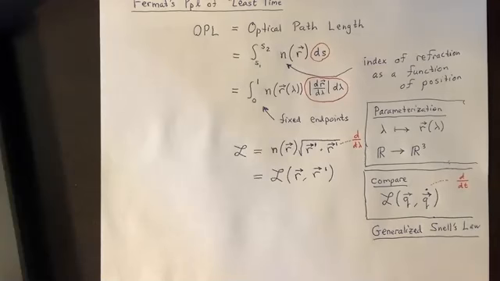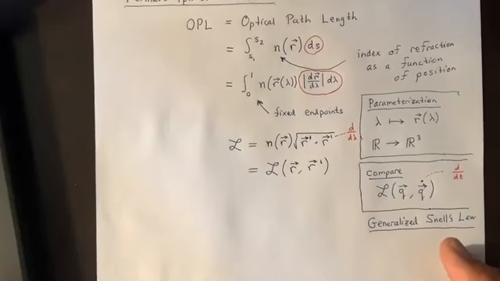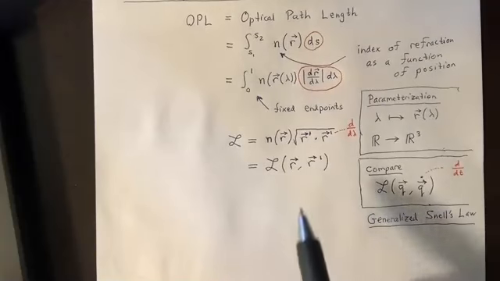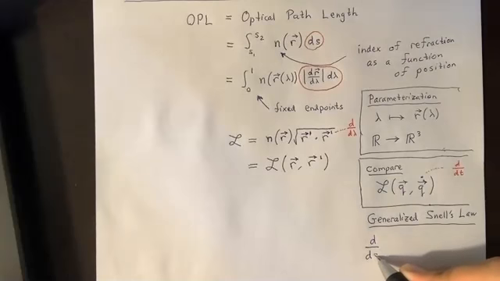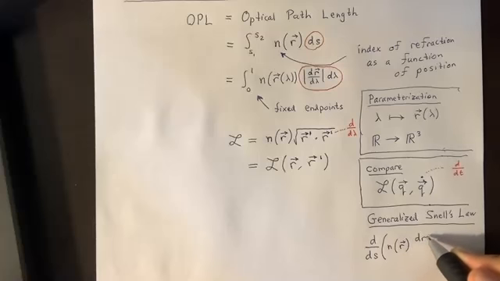We have a generalized Snell's law. And the generalized Snell's law is pretty cool. Let's write it down, and we're going to show how the generalized Snell's law comes from this Lagrangian. So here's the generalized Snell's law, d/ds. We've got the gradient of the index of refraction.